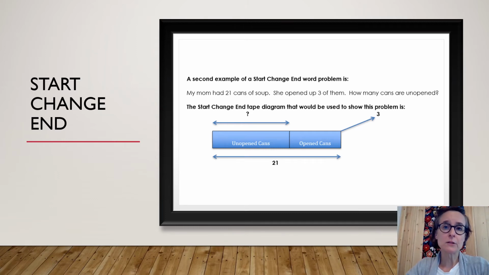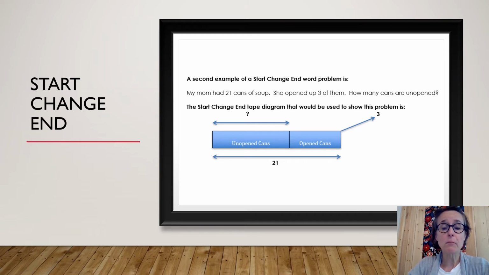When I look at the problem, I notice that it tells me how many cans she had to begin with, 21. So I kind of picture those all on the counter. That's my whole. I also know the change. I know that she opened 3 of them. So I put my arrow going away and labeled it with the number 3.